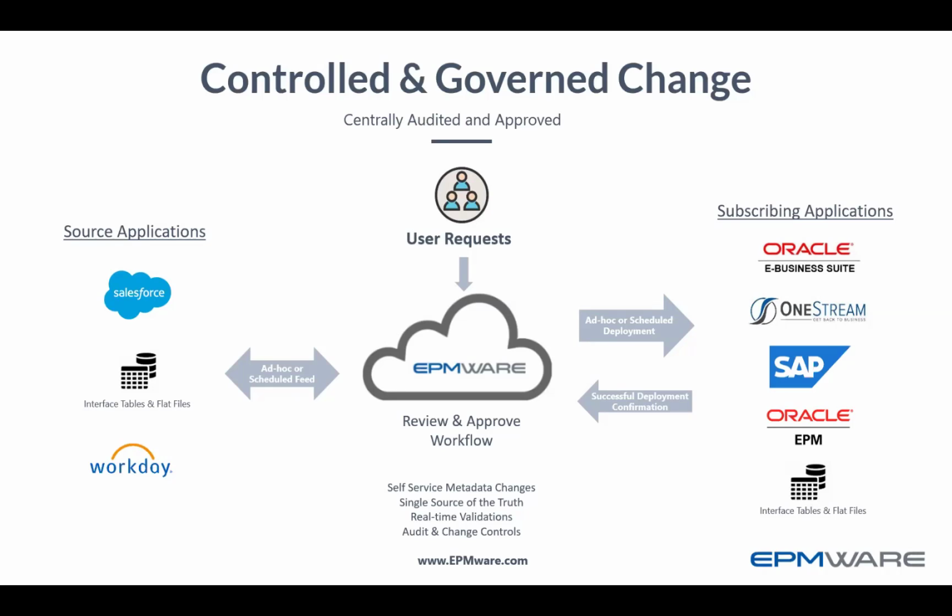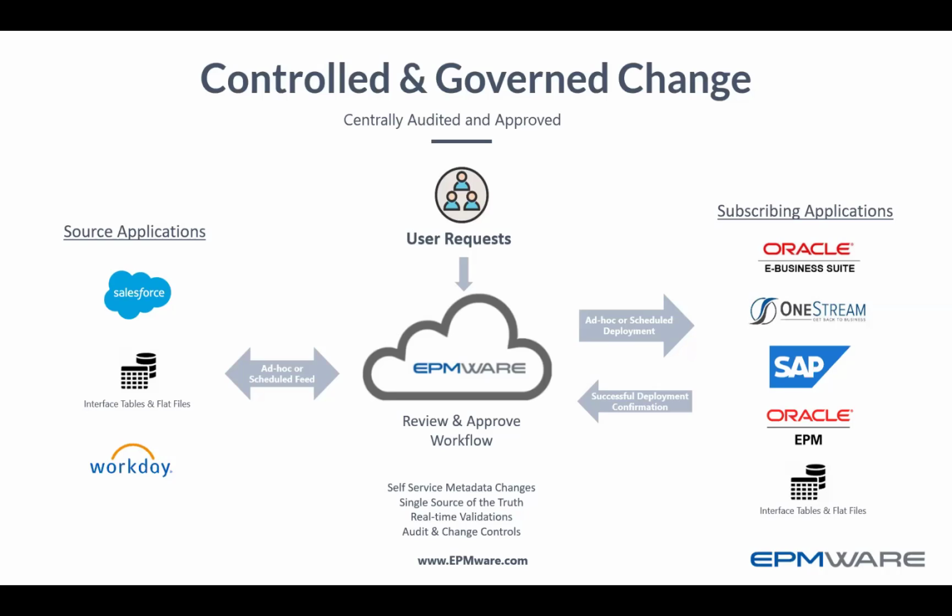The way most folks use EPMware is to create a brand new request for change of metadata in a downstream application. So the typical day in the life of an EPMware user would be to log in to visualize their production hierarchies, and it would allow them to create a new request for change. Now that request for change can be a new account member, a new cost center, or it can even be a change to an existing property.